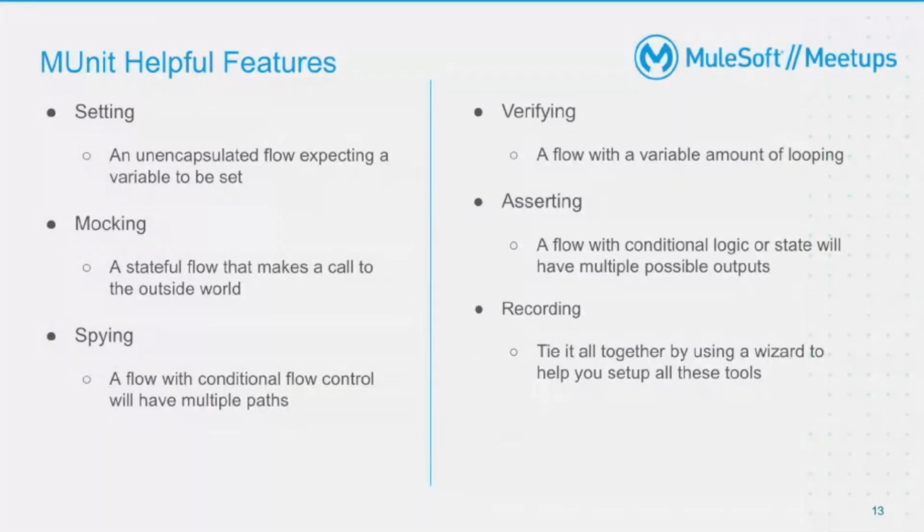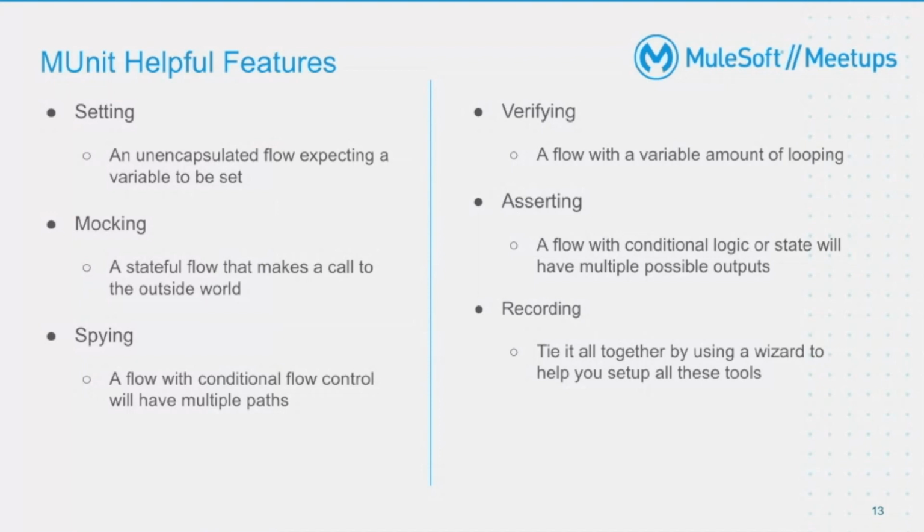We are returning 10 Bobs in that database query. Well, you can verify that your for each loop runs 10 times, once for each Bob, not one less, not one more. You can make sure that it does it at least 10 times, or you can make sure it does it more than 10 times. You can essentially verify how many times something was called.